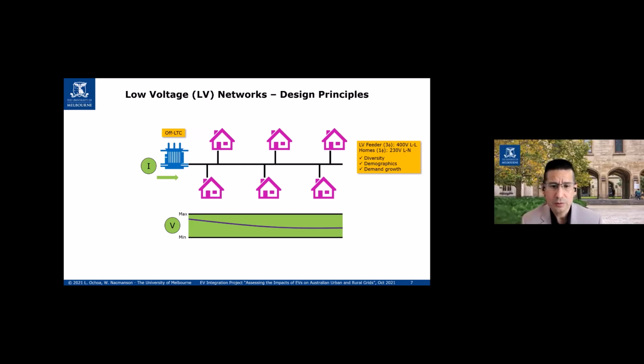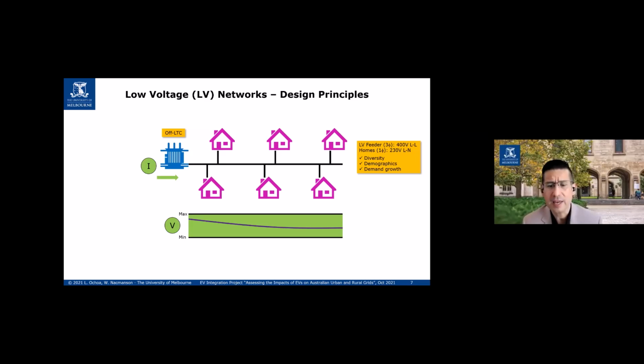So when we do these designs, we consider the diversity of the houses and how people are going to use electricity, the demographics. Certain places have bigger houses, or mansions even, and some places have really smaller houses. So we consider what it means in terms of electricity consumption as well. And we also consider demand growth.